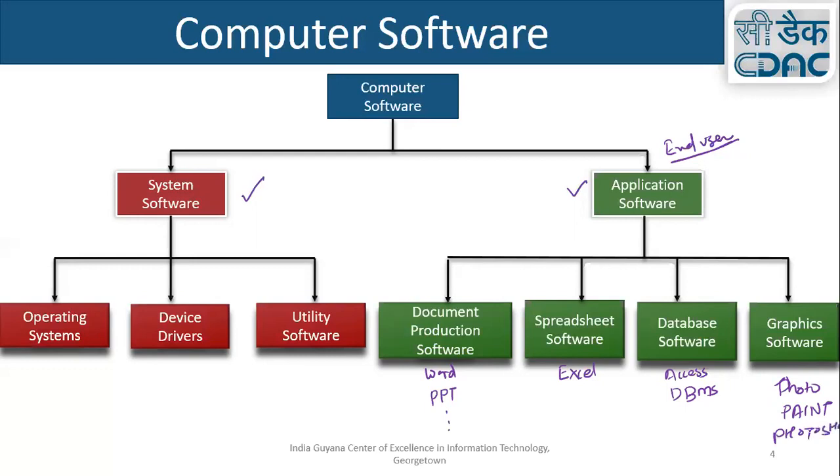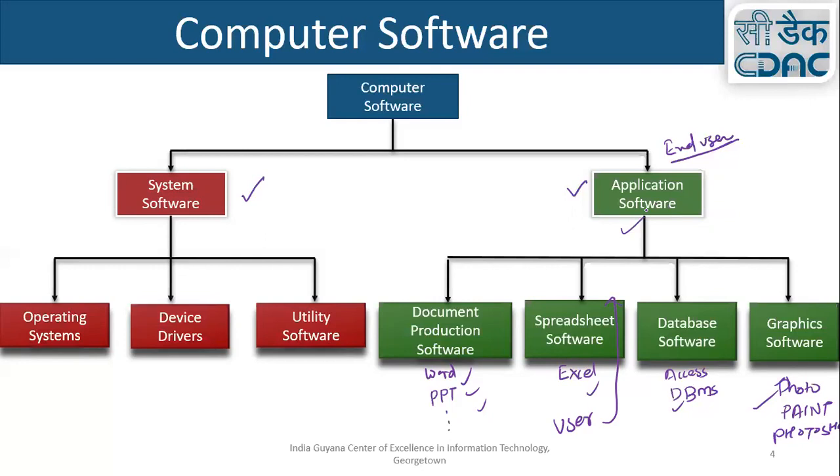We already use these softwares in day-to-day life, but we never know how these programs actually perform the task. We are just utilizing the functionality provided by these softwares. So as normal users, we are always interacting with application software.